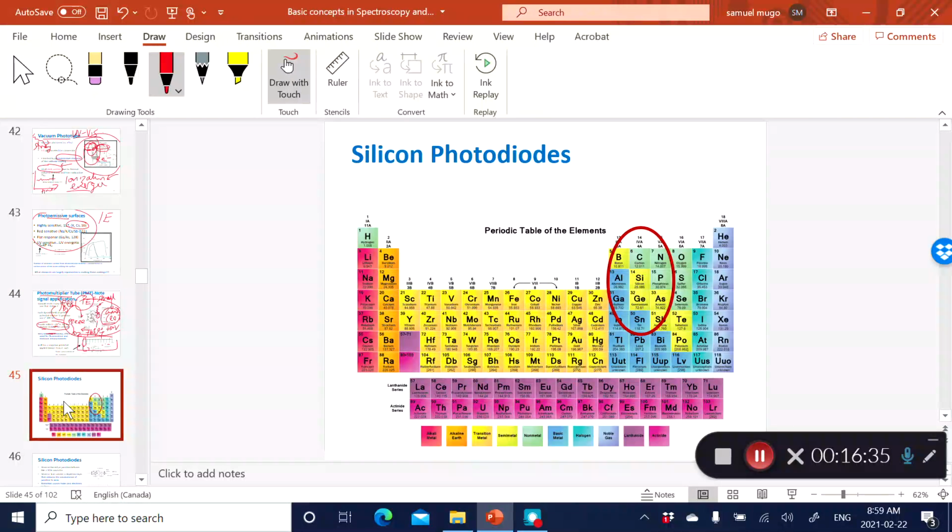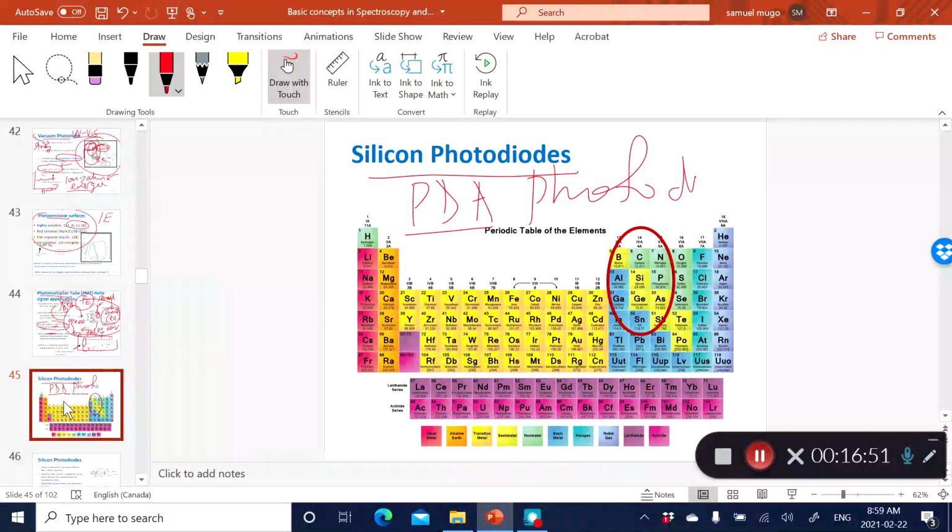So the other type of UV-Vis detector is what you refer to as the silicon photodiode. I think you've heard us talk about PDA, or photodiode array. Photodiode array, it's a type of detector.